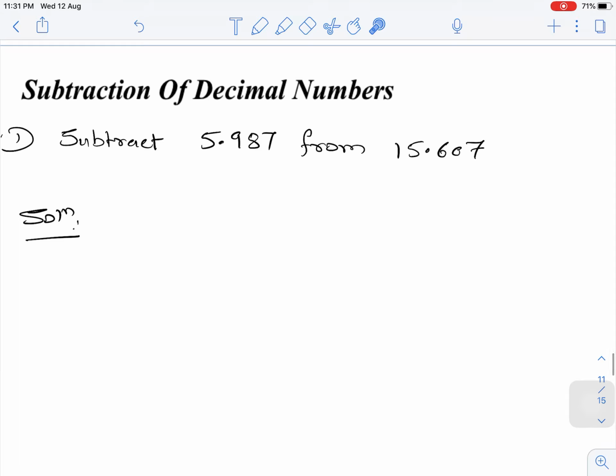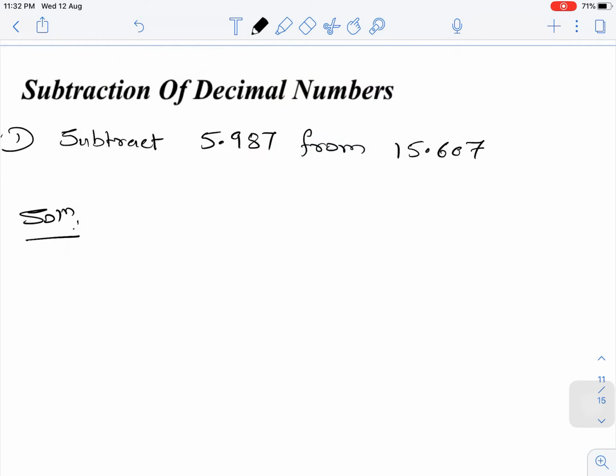The next example is subtraction of decimal numbers. It is given: subtract 5.987 from 15.607. Now there is one condition for subtraction. Not only for decimals, for any subtraction, the number which comes after "from" should be written first.